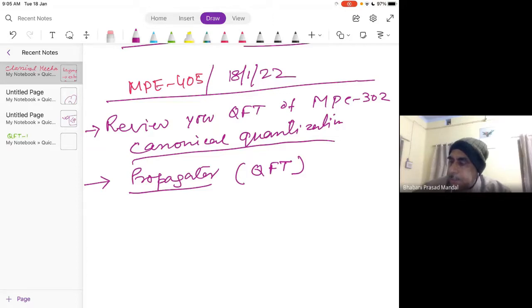In the last class I defined the meaning of a propagator, how it is important, and also we calculated it for a free real scalar field.